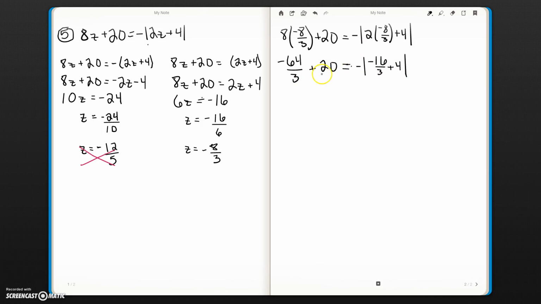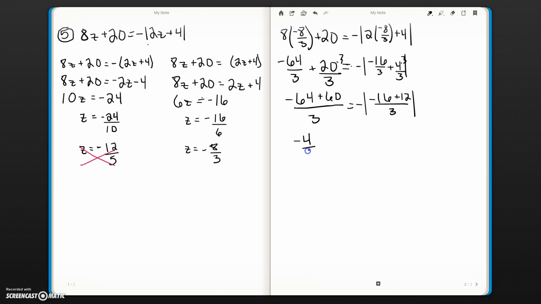Again, common denominator is going to be 3, so we've got to multiply this by 3. So this is negative 64 plus 60 divided by 3, which equals negative absolute value. This is again 3, so multiply by 3. This is negative 16 plus 12 divided by 3.